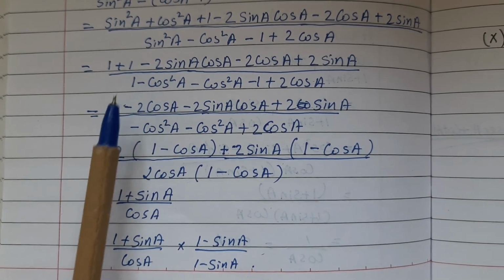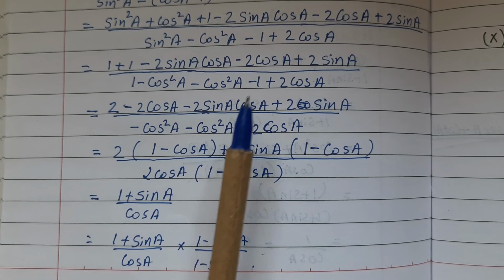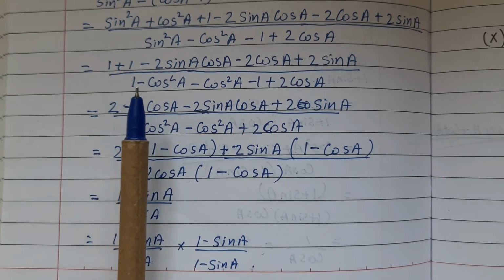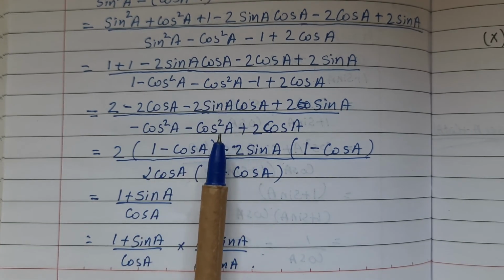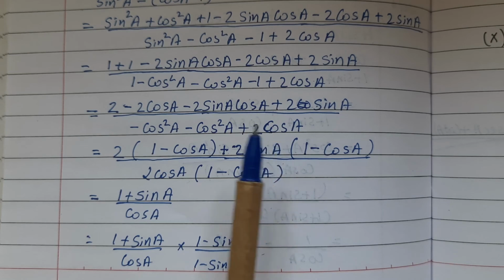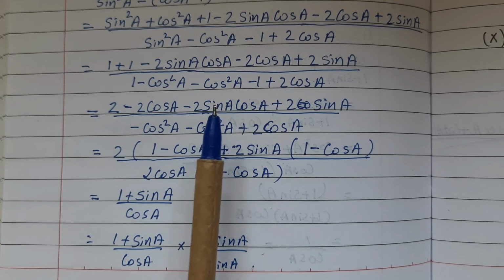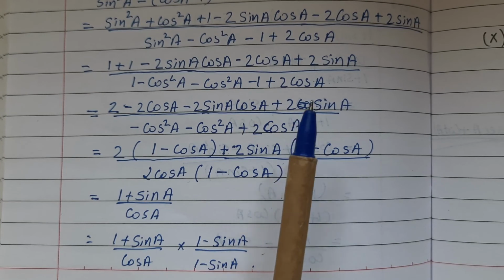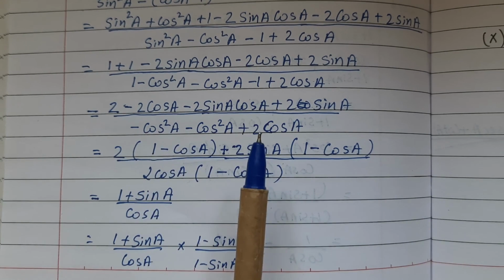1 plus 1 is 2, minus 2 cos a minus 2 sin a cos a plus 2 sin a, upon, okay, the 1s get cancelled, minus cos square a minus cos square a plus 2 cos a. In this, 2 is common, 1 minus cos a. Here plus 2 sin a is common, again 1 minus cos a, upon, this will be minus 2 cos square a plus 2 cos a.